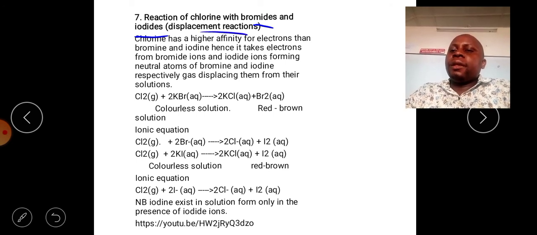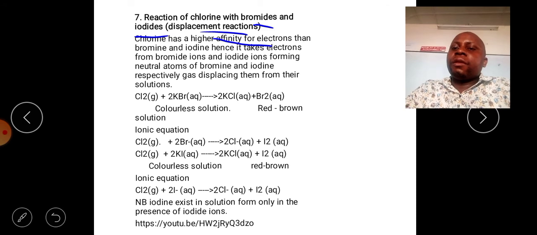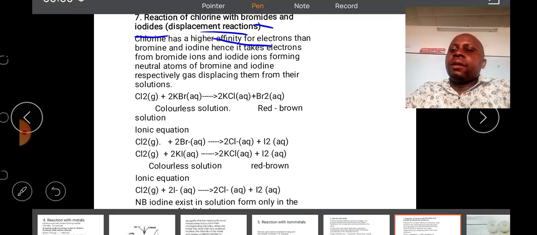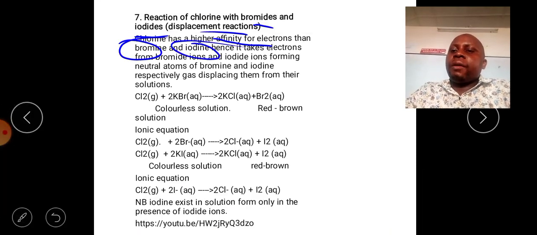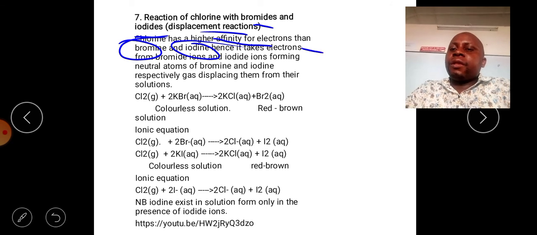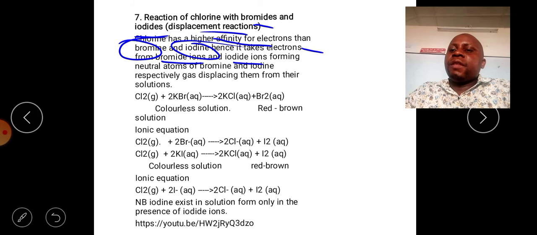So chlorine has got a higher affinity for electrons than bromine and iodine. Hence, it takes electrons from the bromide ions and iodide ions, hence forming neutral atoms of bromine and iodine, respectively. Therefore, displacing them from their solutions.